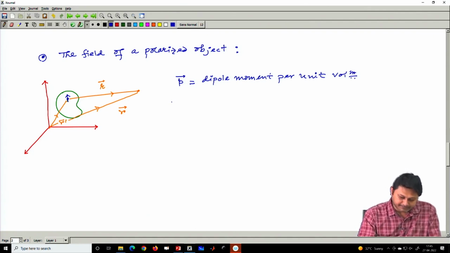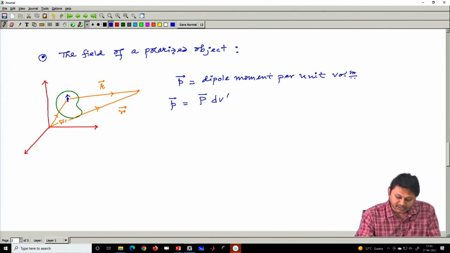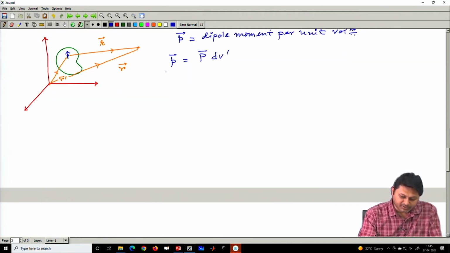So, big P is the dipole moment per volume.